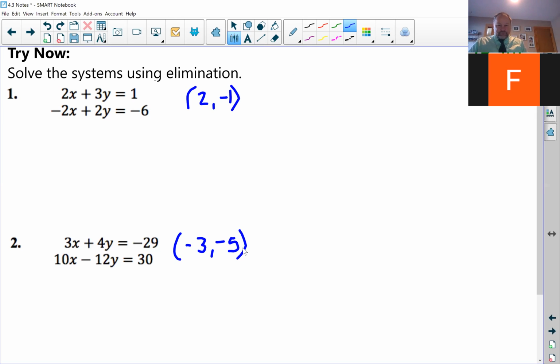So if you want to see number 1, just go in the chat and say, can we see number 1? If you'd like to see number 2, then in the chat type in, can we do number 2, or something to let me know which one you would like to see worked out.